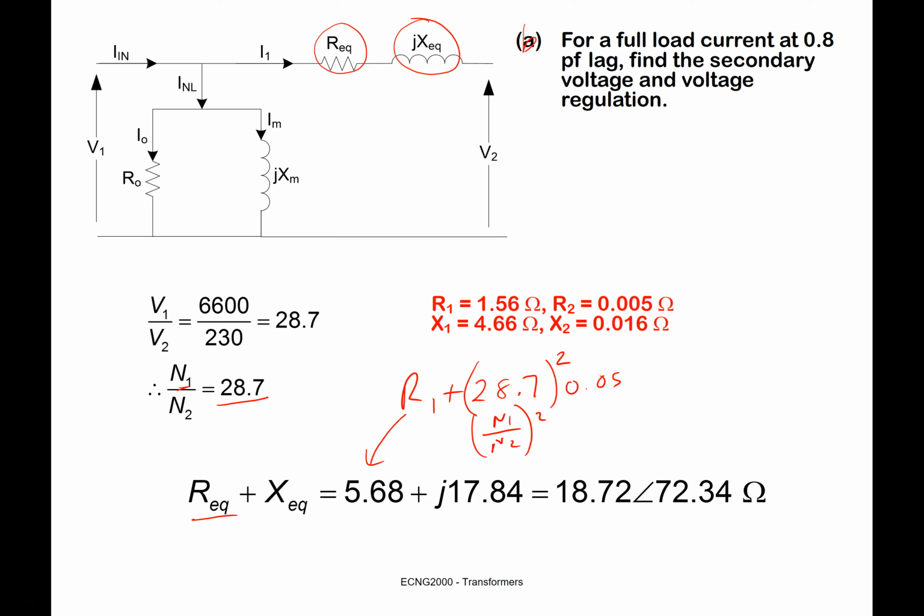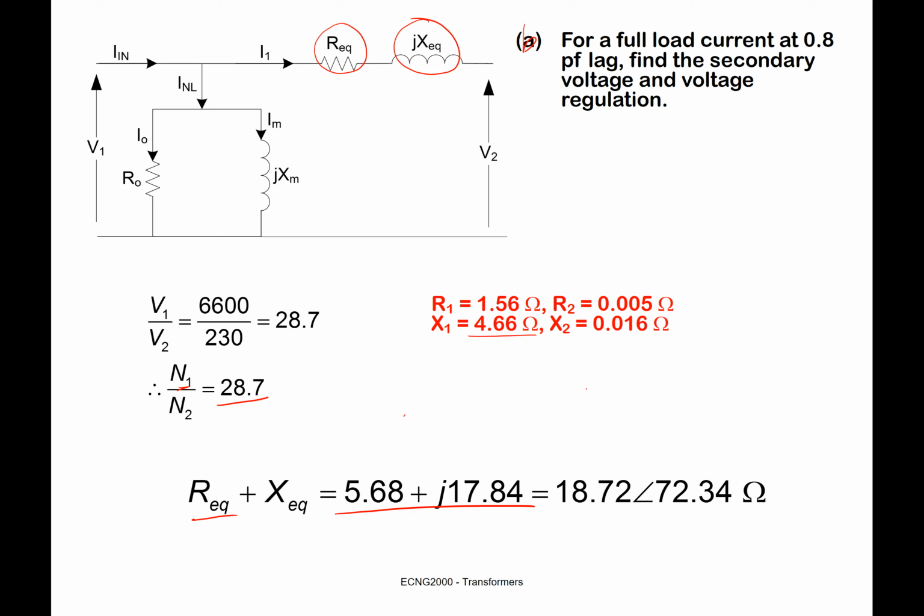And similarly, X1, 4.66 plus 28.7 squared by 0.016, I should get 17.84. So that gives me the equivalent R of 5.68 and j17.84 as my leakage inductance.